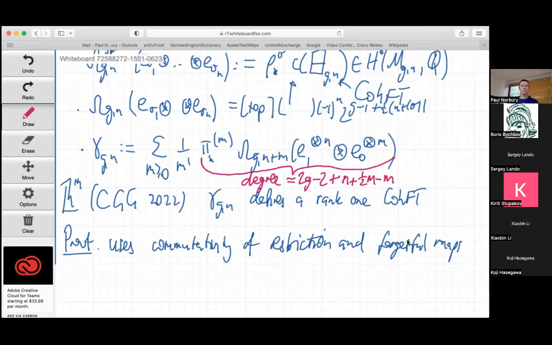So this is good. This tells us that the omega gn consists of many degree terms. The top degree term is 2g minus 2 plus n. That was when in this sum, m is equal to 0. When m equals 1, this is an empty term. It's pushing forward a 0 class. So we go to m equals 2, and you can see now we've subtracted half m, so we've subtracted 1.